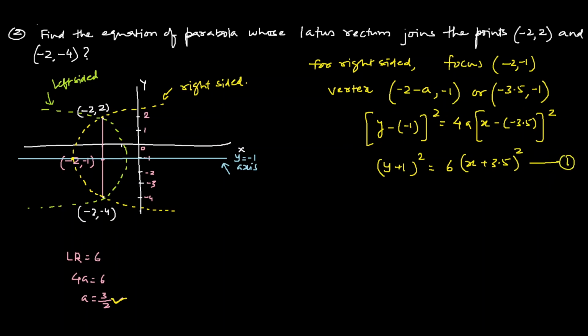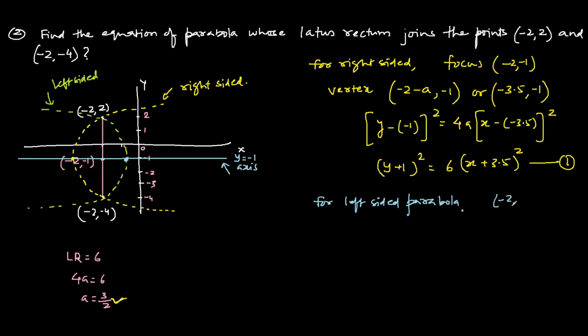Now for the left-sided parabola, this should be the vertex, and the distance of the focus and vertex is a, and the vertex is a distance towards the right side of this focus.